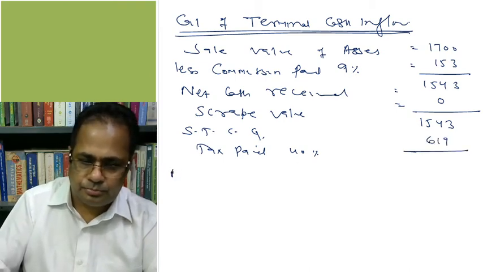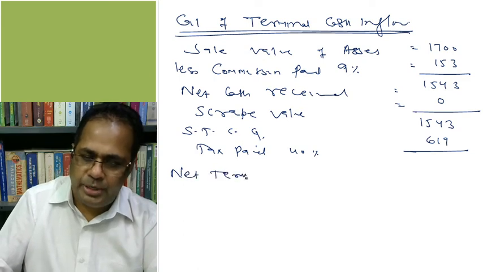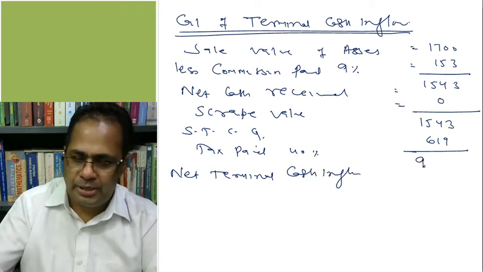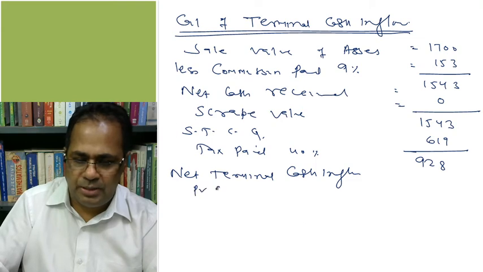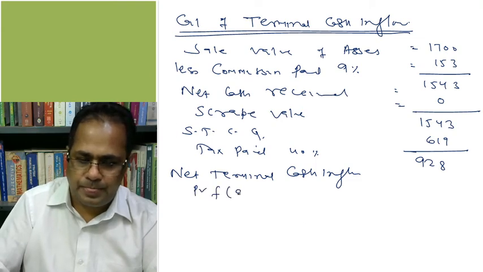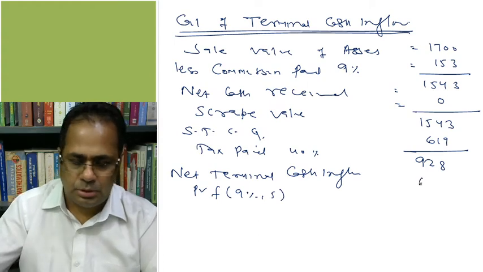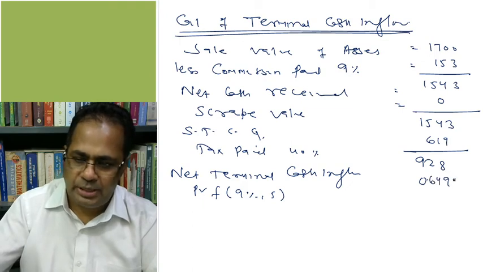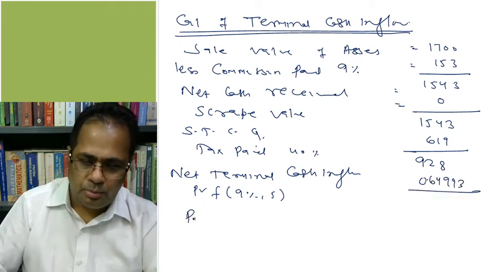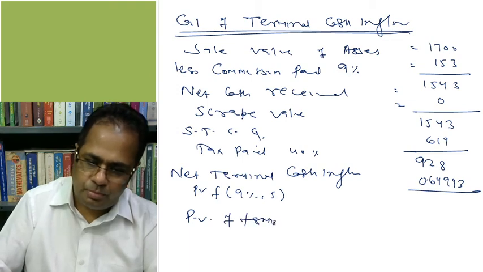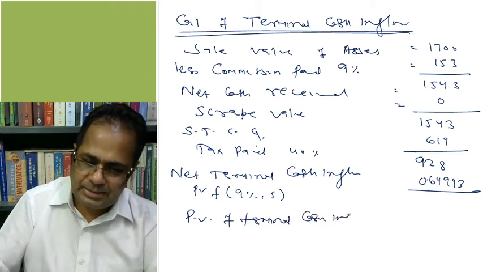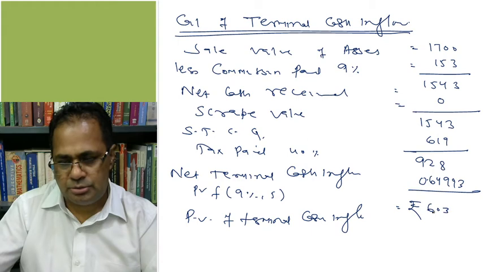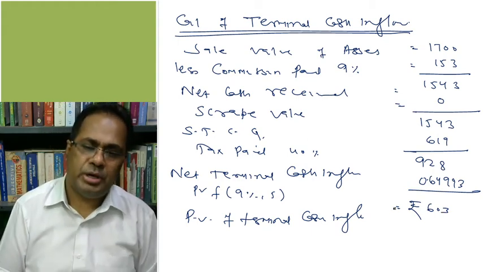Net terminal cash inflow is 928. The present value factor at 9%, 5 years is 0.64993. The present value of terminal cash inflow is 603.